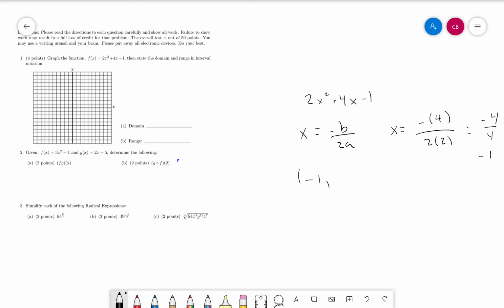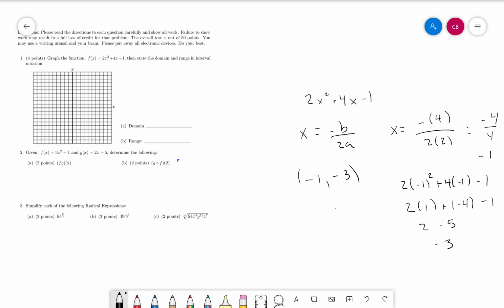And then we plug that in, we have 2 times negative 1 squared plus 4 times negative 1 minus 1. This gives us 2 times 1 plus negative 4 minus 1. 2 minus 5, which is negative 3. So your vertex is negative 1, negative 3.